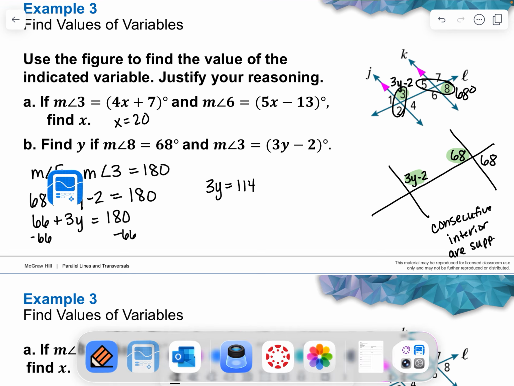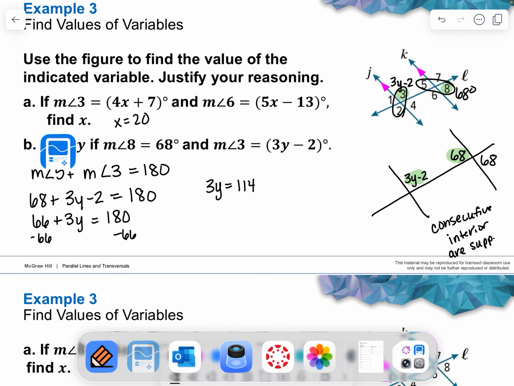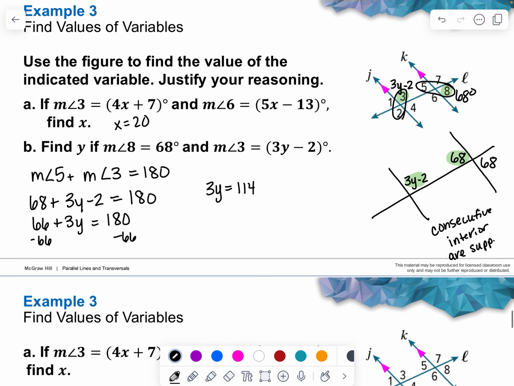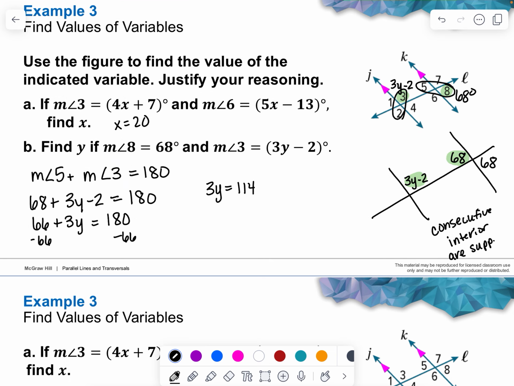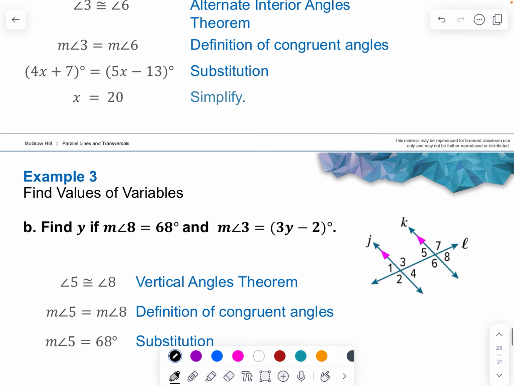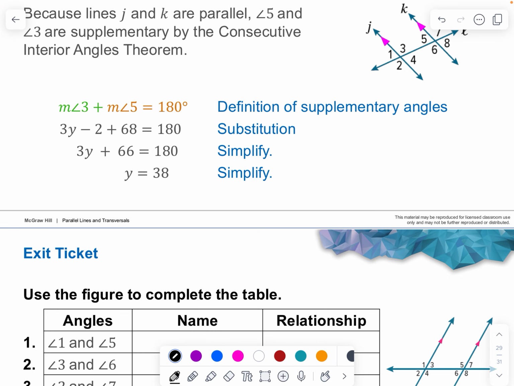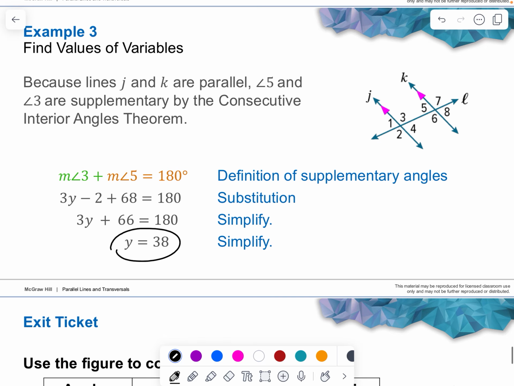And what do I get when I divide 114 by 3? Goodness. Where's my calculator? Well, my calculator does not want to open. So we're just going to go down and find out. Nope. 38. There's y. Okay.